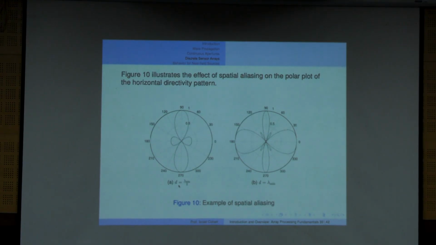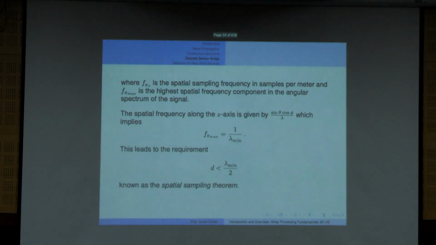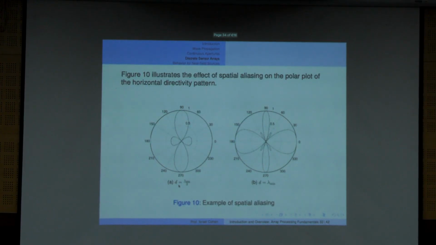So if the wavelength is such that this is satisfied, such that the distance between the sensors is smaller than the minimum wavelength, then based on the phase differences between the sensors, I know exactly the direction where it comes from.